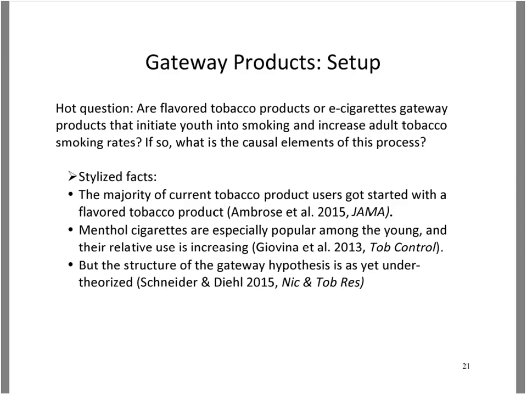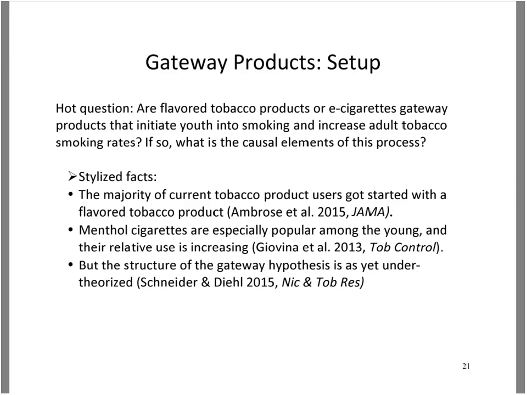So some stylized facts are that the majority of current tobacco users got started with a flavored tobacco product. So over 50% of current smokers, young current smokers, got started with flavored products. Another piece of evidence is that menthol cigarettes are especially popular among the young, and their relative use compared to old-fashioned conventional cigarettes is increasing.